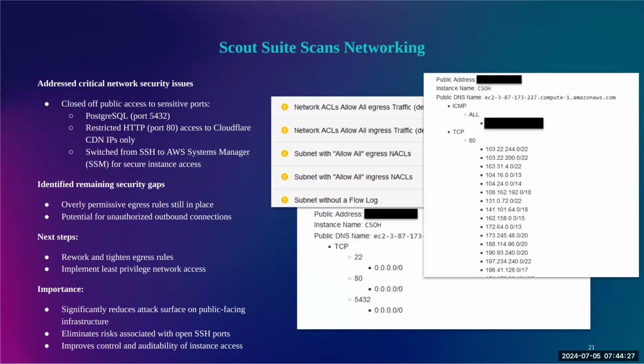To mitigate those issues, we closed down all public access to ports 22 and 5432 and kept it within the VPC, and then further refined port 80 to only allow the Cloudflare IP addresses. That significantly reduced our threat landscape for the networking aspect of things.